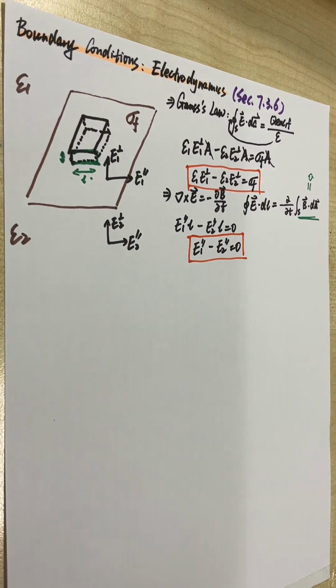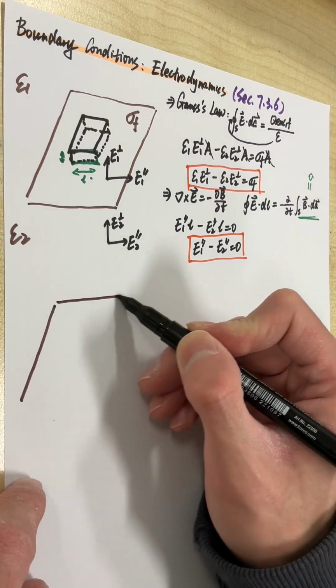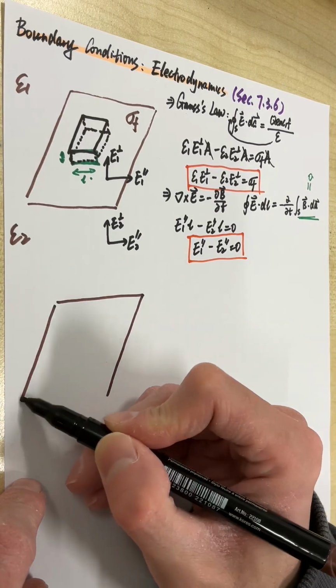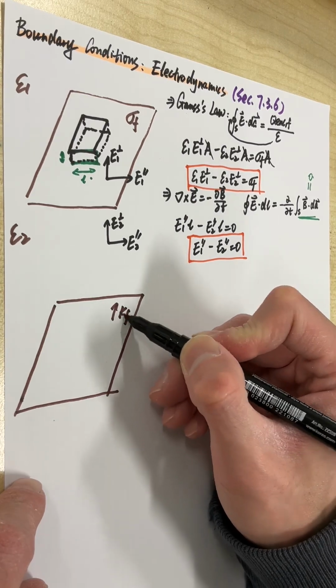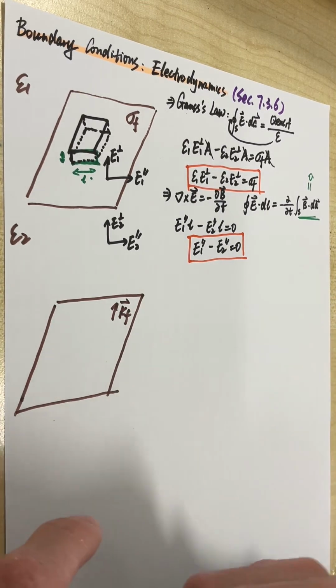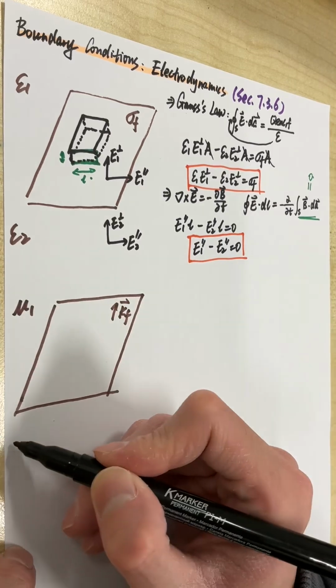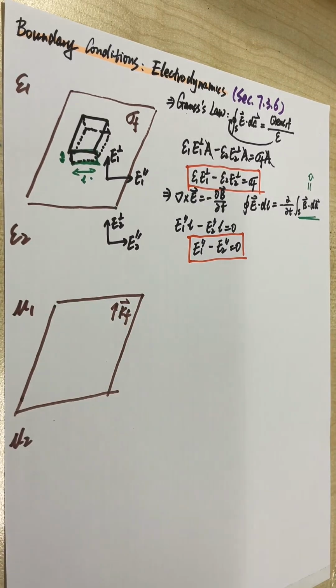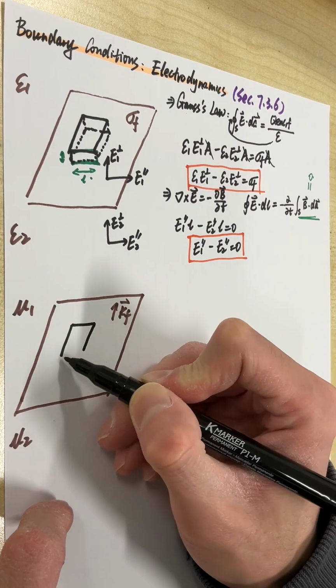We have the E field. Now we need to do the B field. So we also have a surface, but now we care about free current. So we have mu1, mu2, the permeability for the two areas, and they are different. Now we also observe a pillbox.